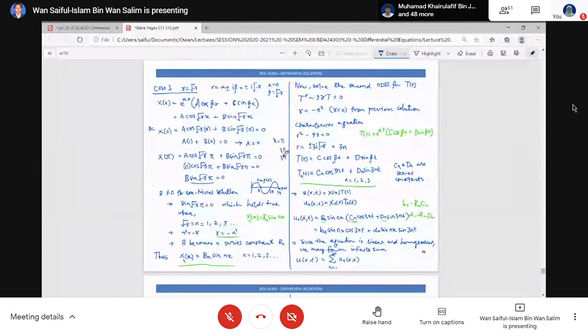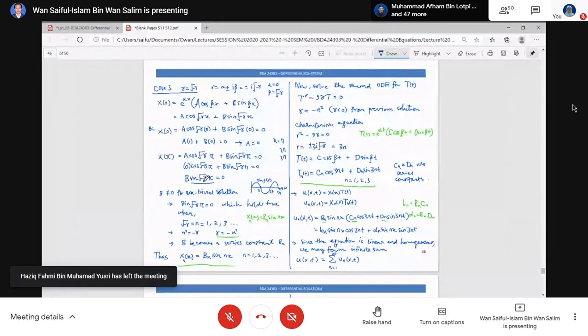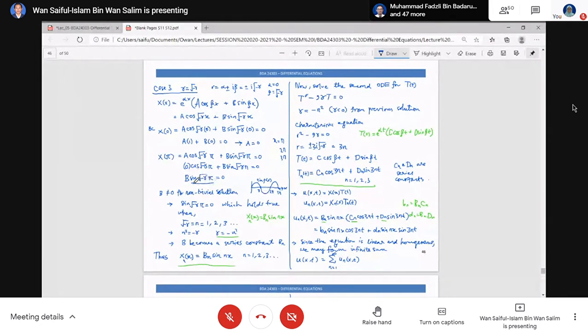So this whole thing, this square root of minus gamma, has to be multiple integrals of pi in order for this sine function to be 0.